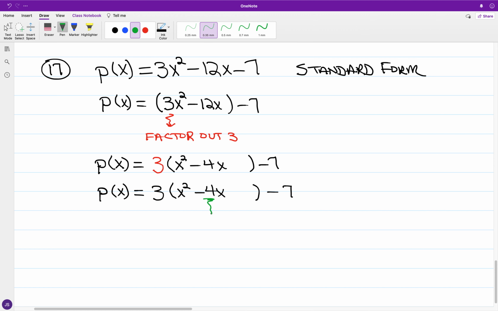I take what is next to x, take half of it, and then square. Here I have negative 4, divide by 2, so we have negative 2, and squaring negative 2, this becomes 4.